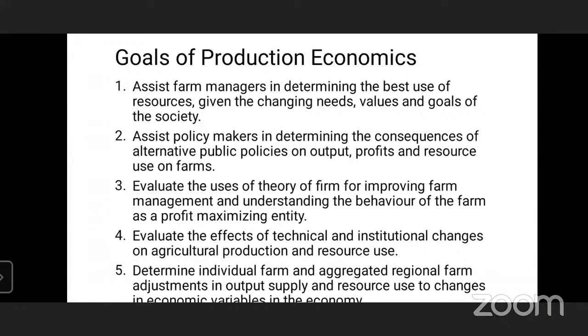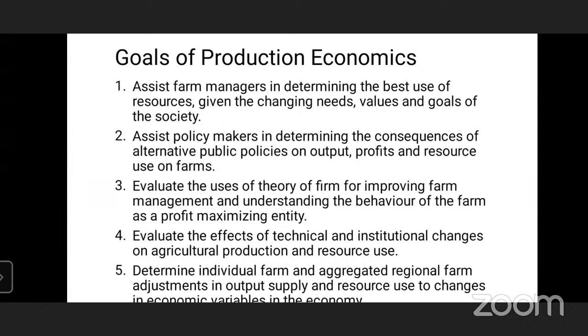So there are so many goals of production economics. Like we would like to assist farm managers in determining what the values and goals are, and to assist policymakers to come up with better policies. Then to evaluate the theory: what are the different concepts we are giving, are they really increasing the yield or are they increasing profit or not, that we can evaluate.